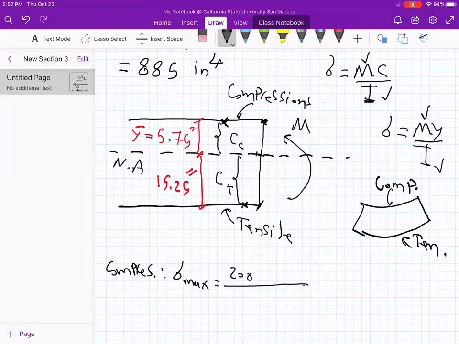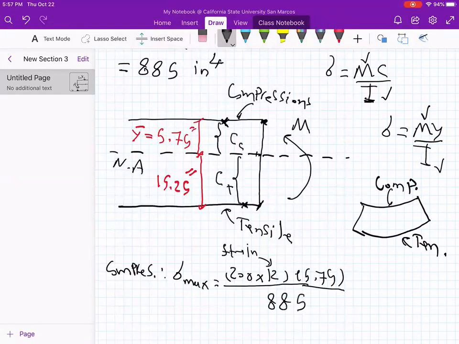Since this value CT is based on inches, let's change kip-feet to kip-inches. Just multiply by 12, which converts feet to inches. And C is 5.75, divided by I, which is 8.85. This is sigma max compressive, so the answer would be 15.59.